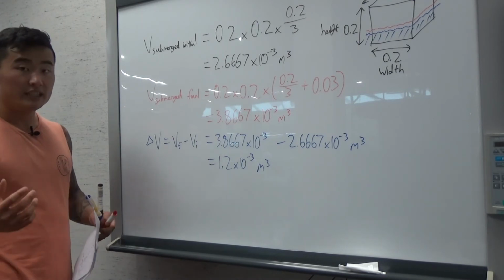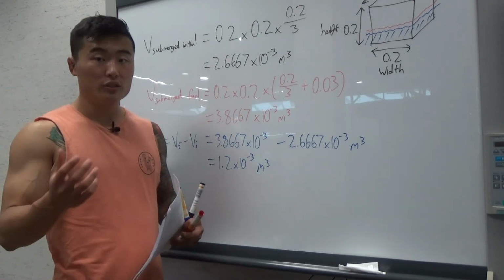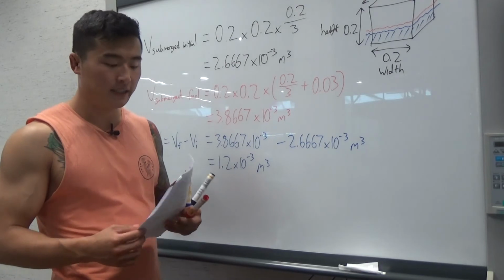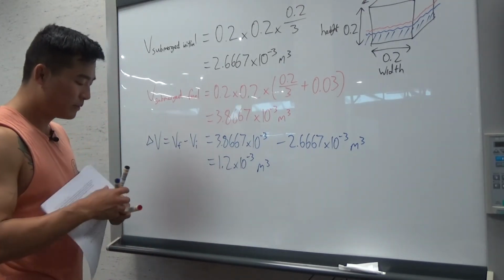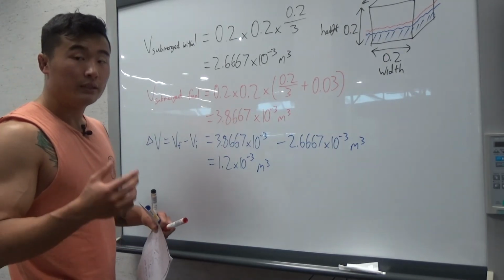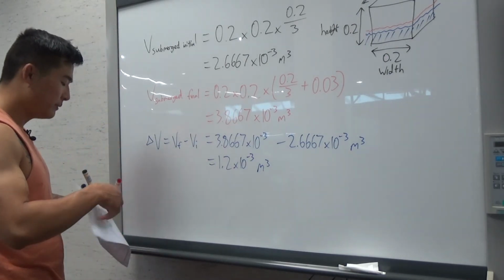Okay. So now we figured out our change in volume. So our change in volume will be proportional to our change in mass. So the change in mass of the box will be equal to the mass of the cat, because the cat's being put in the box.